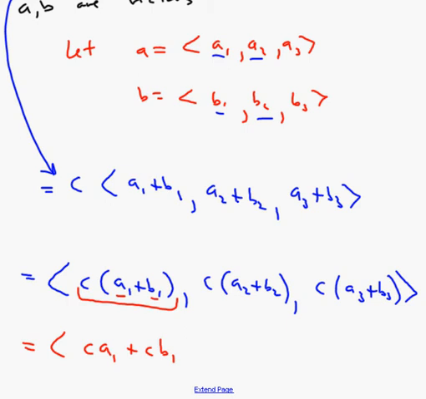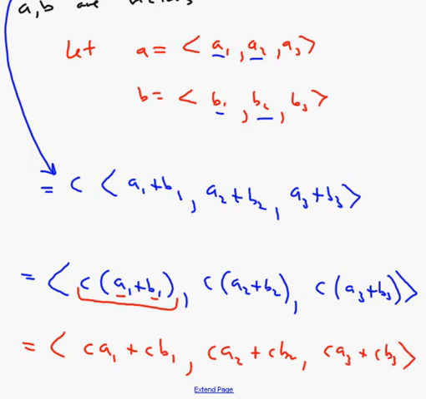So it's very important when you look at these things: pay attention to what you're writing on the page and ask yourself when you write every variable down, is that a vector or did I just write a number or a constant or something like that? Okay, and then watch this. Then you get cA2 plus cB2. And then this is cA3 plus cB3.